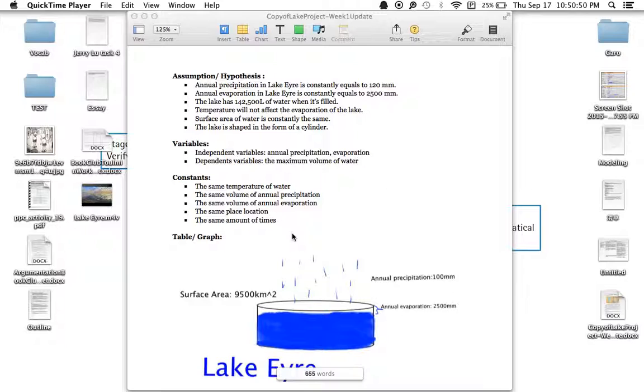Temperature will not affect the evaporation of the lake, the surface area of water is constantly the same, and the lake is shaped in the form of a cylinder.